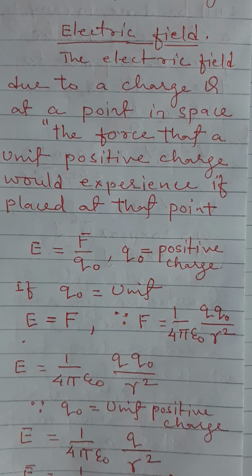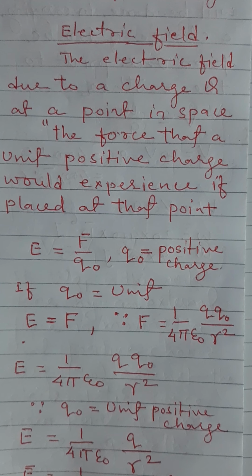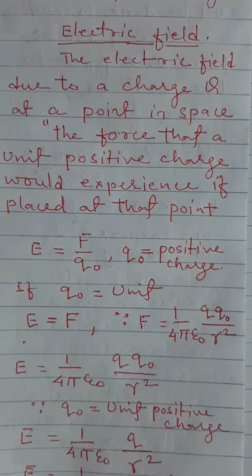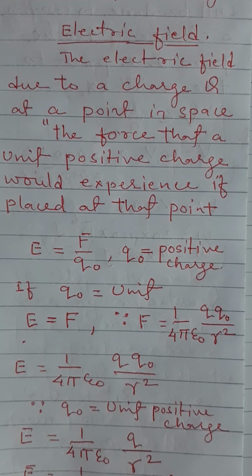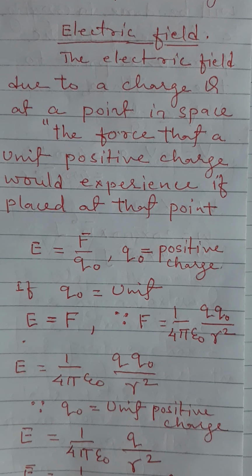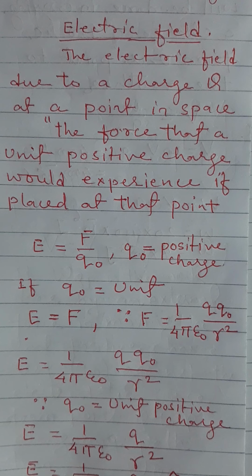If the positive test charge q naught is unit, then the electric field is equal to the force experienced by the test charge. Now you know by Coulomb's law, the force is given by 1 by 4 pi epsilon naught q q naught by r square, where r is the distance between the two charges, one the source charge and the other the test charge.